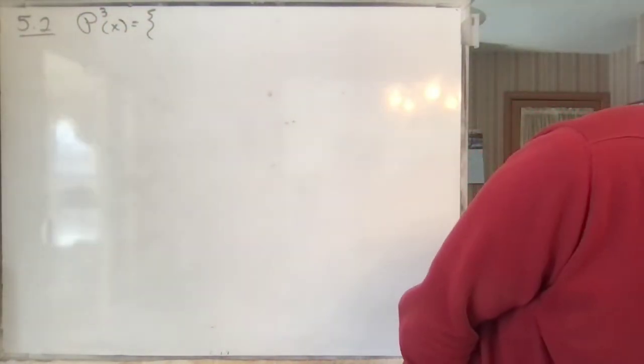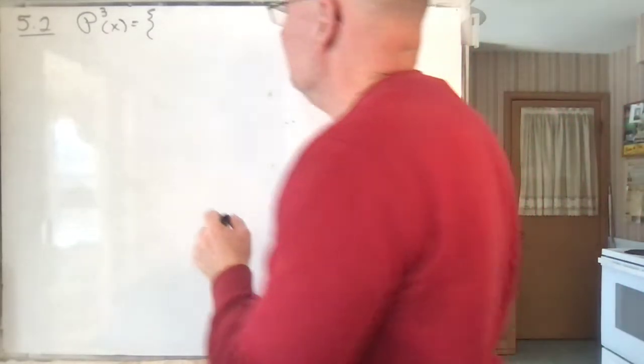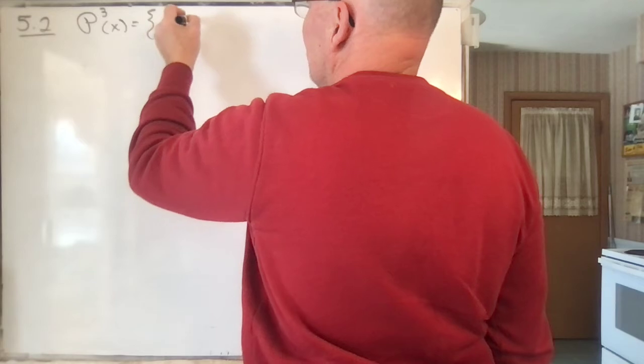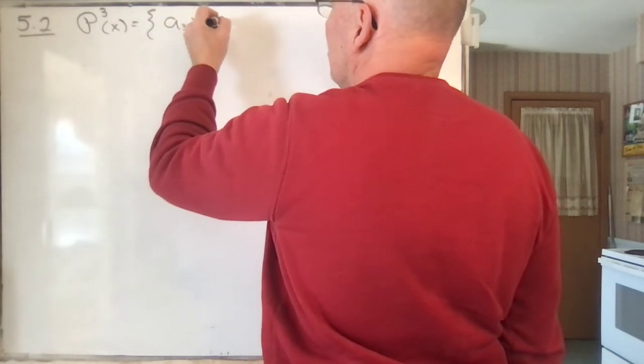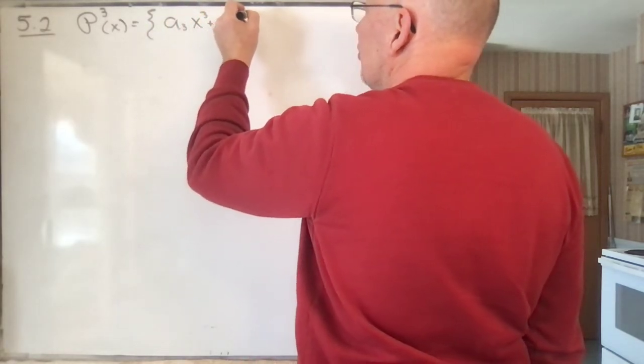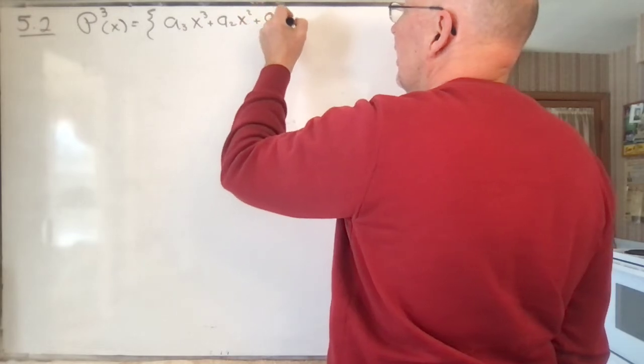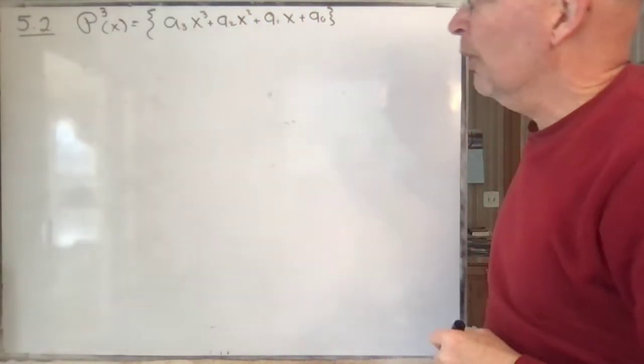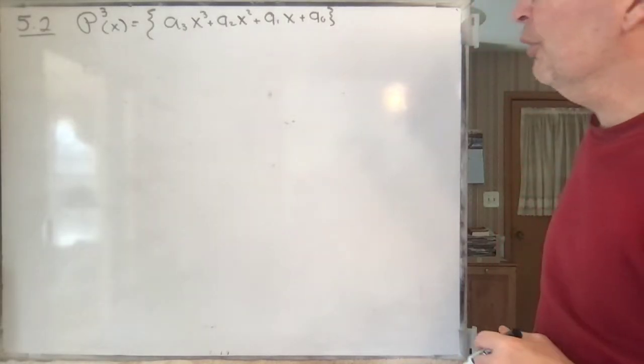I'll use the same notation I have in the book: everything of the form a3x3 plus a2x2 plus a1x plus a naught. Okay, so anything of that form is a third-degree polynomial.